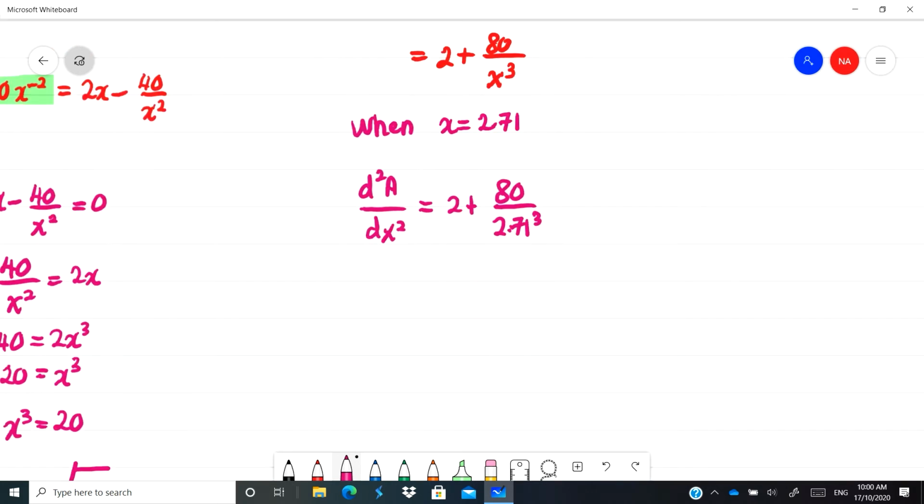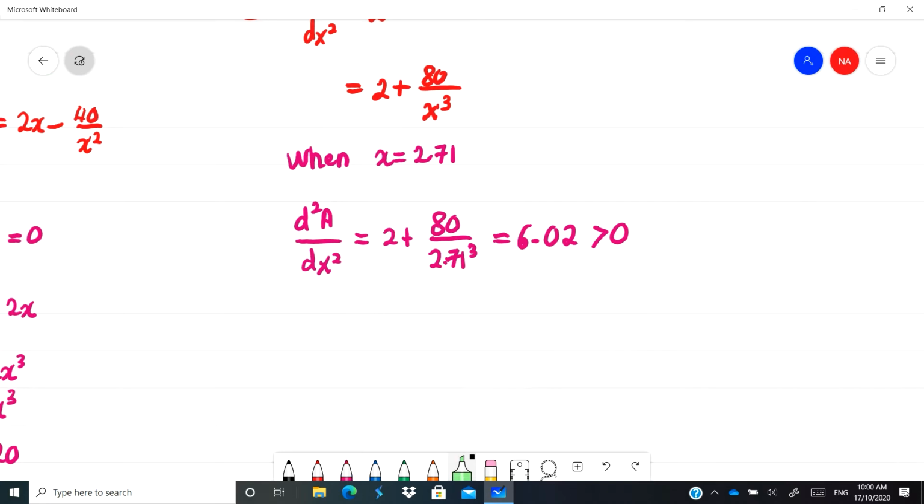So we will get 6.02, which is greater than 0, and we know that if d squared A over dx squared is greater than 0, it minimizes the surface area. So it is actually the minimum problem here.